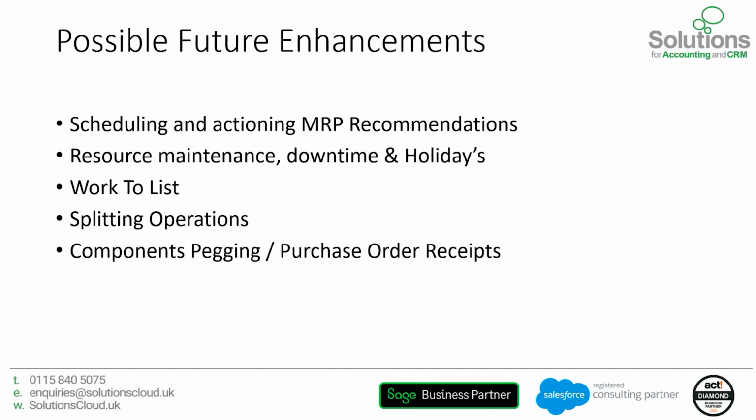And finally, again in relation to the scheduler, as I say, at the moment the graphical planner and scheduling is looking at works orders, in a similar way to linking to the MRP side of things.